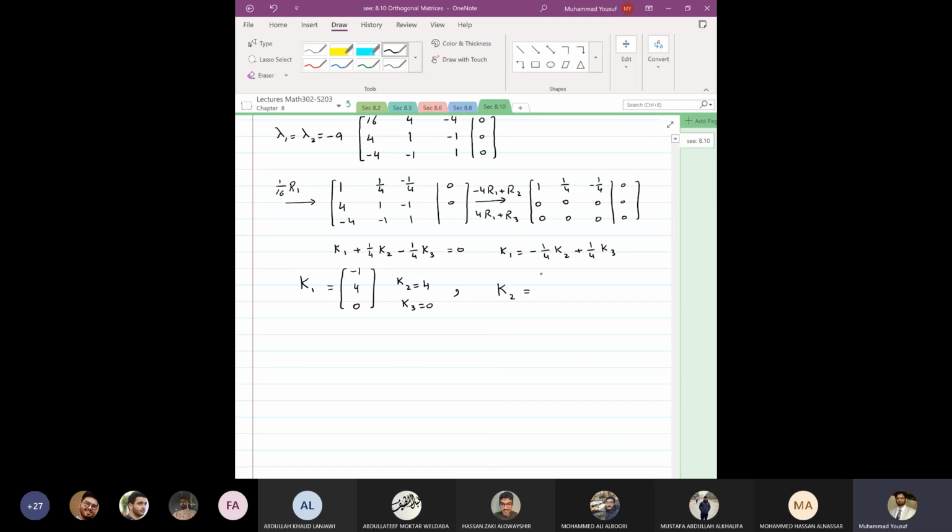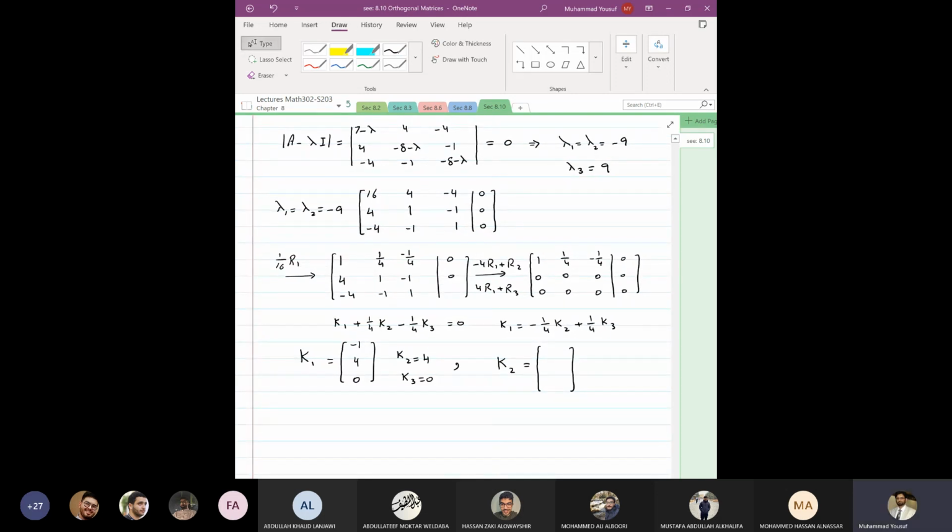This does not always happen for repeated eigenvalues. Shabab, listen. By chance here, we are able to find two linearly independent eigenvectors for the same eigenvalue. It is not necessary that we can always find two linearly independent eigenvectors for the same eigenvalue.